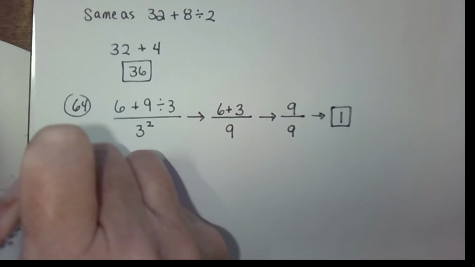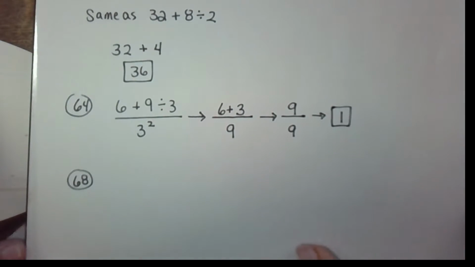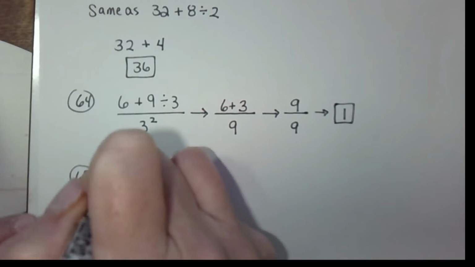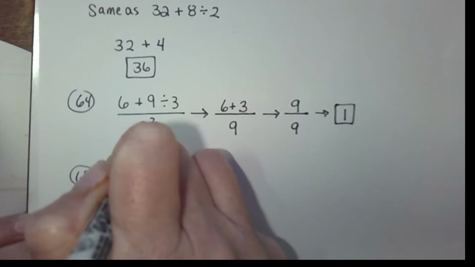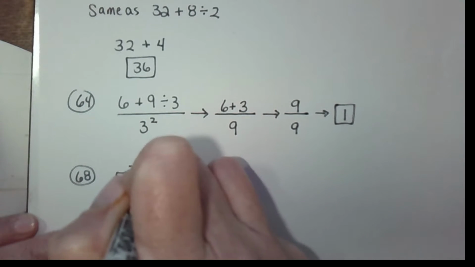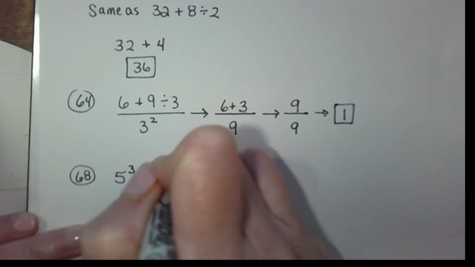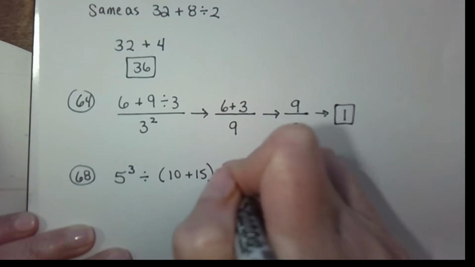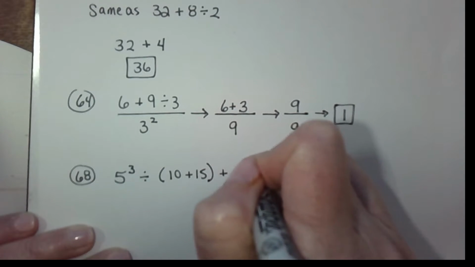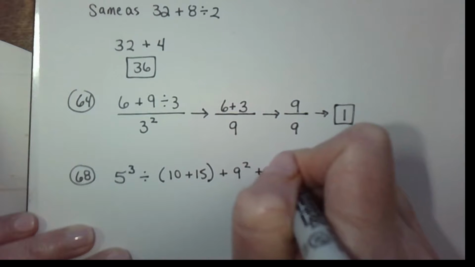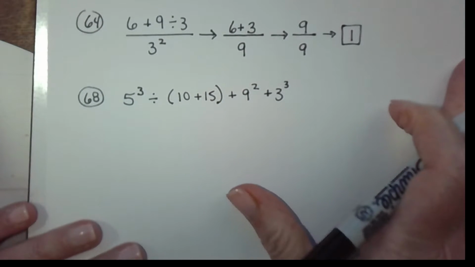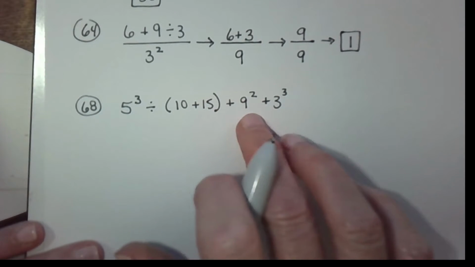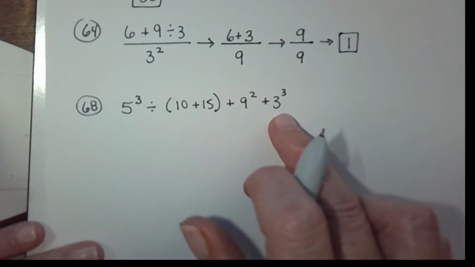All right, 68 was next. Let's look at that one. Now you'll notice that this one has a lot of exponents. 5 cubed, that means to the third power, 5 cubed, divided by, in parentheses, 10 plus 15, close parentheses, plus 9 squared, plus 3 cubed.